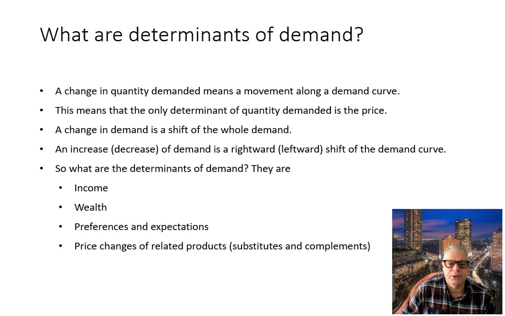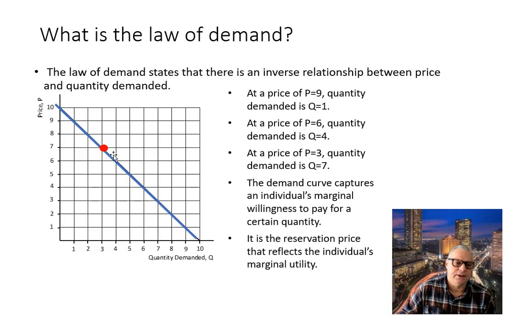So what are those determinants? Again, a change in quantity demanded means a movement along the demand curve. So a change in quantity demanded is moving along a given demand curve.